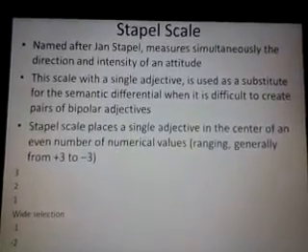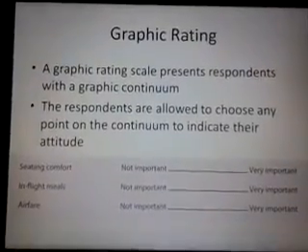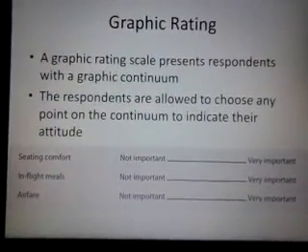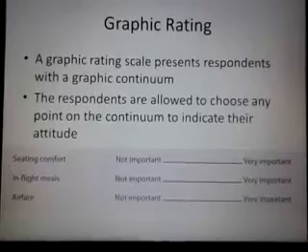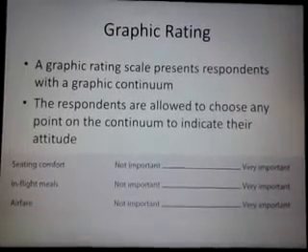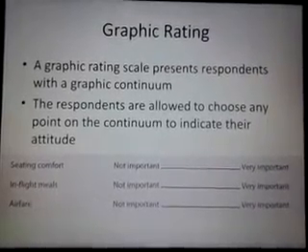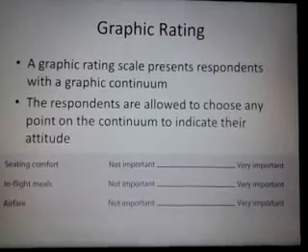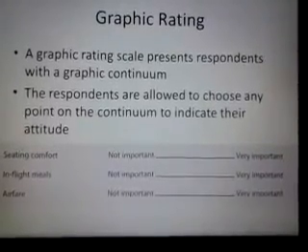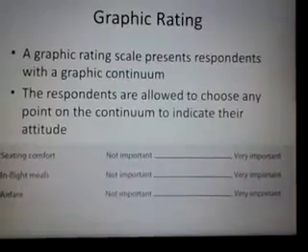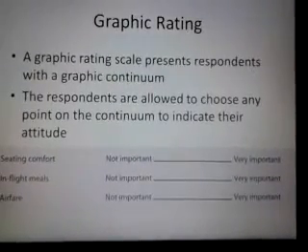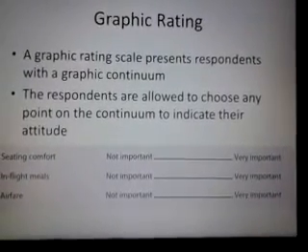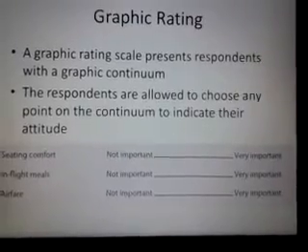Next scale that we'll discuss is the graphic rating scale. A graphic rating scale presents respondents with a graphic continuum. The respondents are allowed to choose any point on the continuum to indicate their attitude. In the semantic differential we discussed, it was somewhat similar, but there were some points, 7 points.